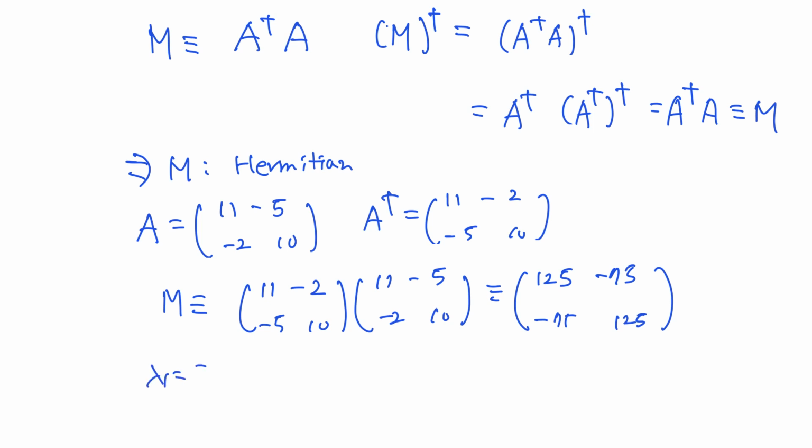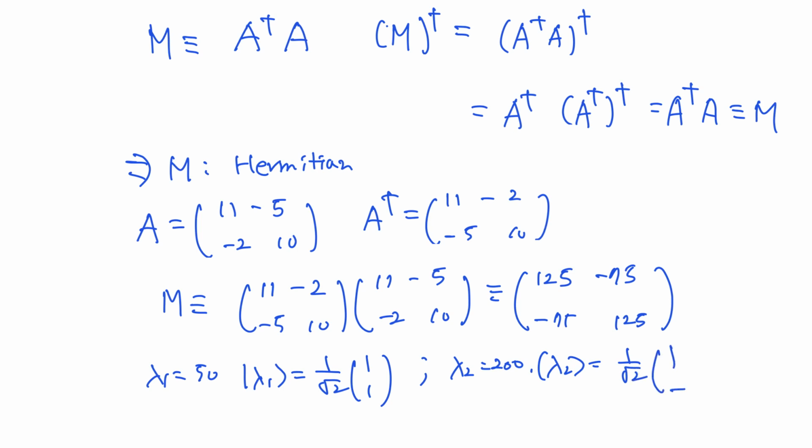Lambda 1 is 50, with normalized eigenvector 1 over square root of 2, (1, 1). Lambda 2 is 200, with eigenvector 1 over square root of 2, (1, minus 1). One particular characteristic of these eigenvalues is that they are all positive.